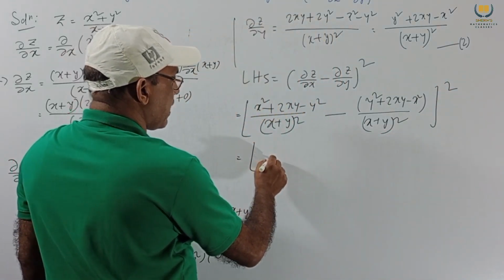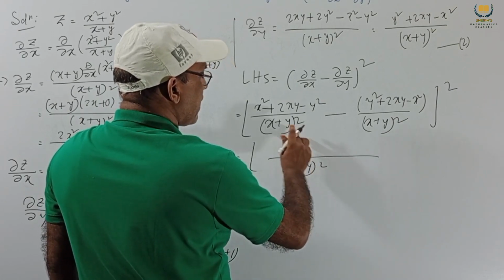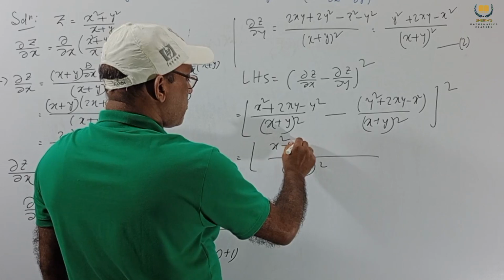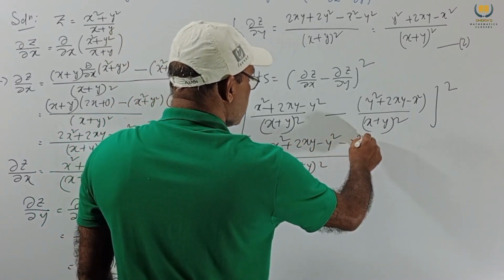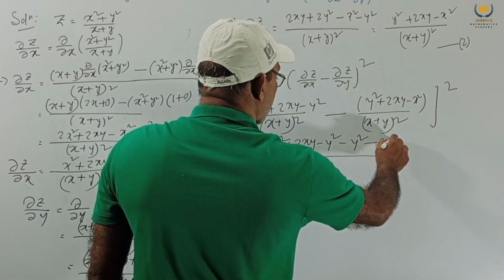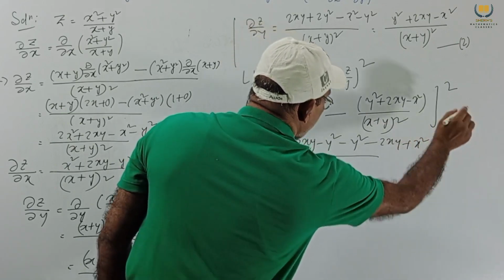The LCM remains, both are the same, (x plus y) square whole square is the LCM, and the numerator is (x square plus 2xy minus y square) minus (y square plus 2xy minus x square), whole square.